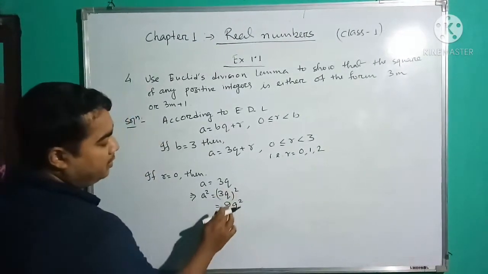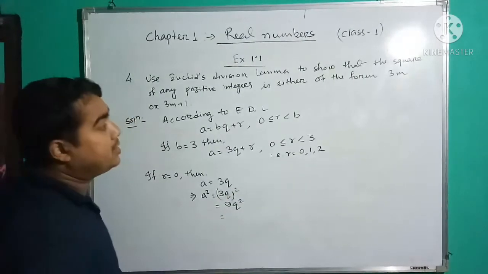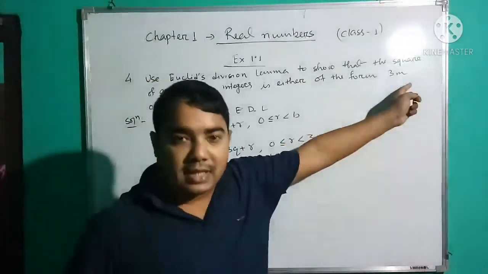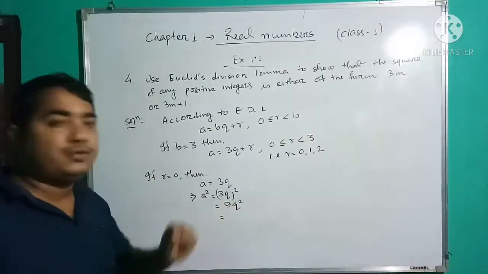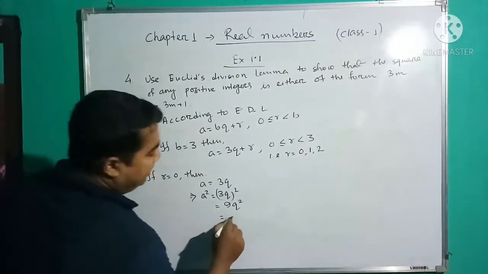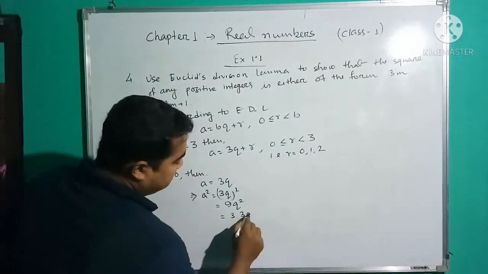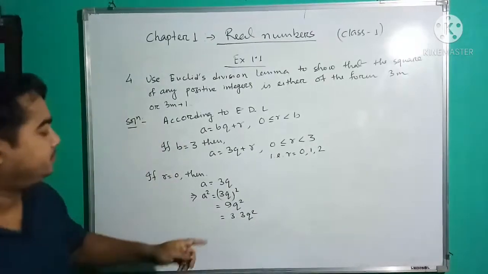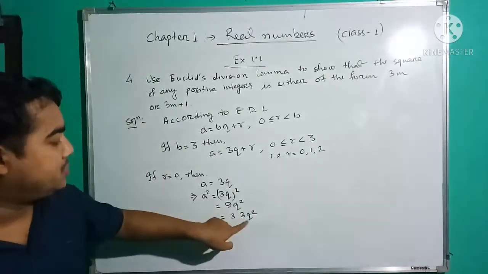Then 3 square is 9, and q square. But the question wants the form 3m, not 9q square. So write it as 3 into 3q square. See, 3 times 3 is 9q square, same meaning.